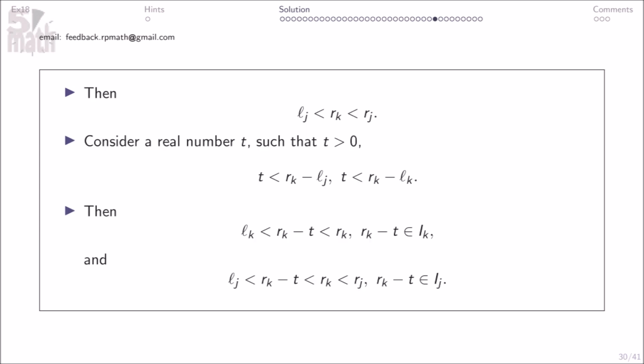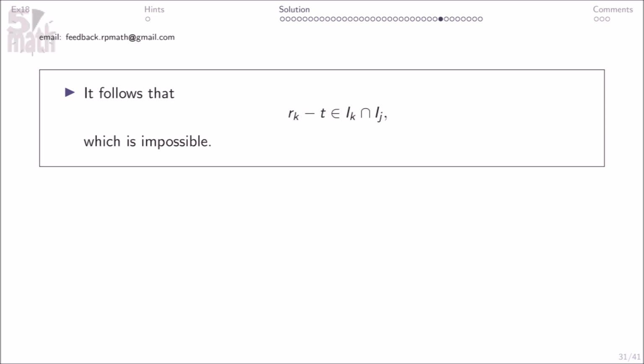Then L of j less than I of k less than I of j. Consider a real number t such that t greater than 0 and this, then this and that. It follows that this, which is impossible.